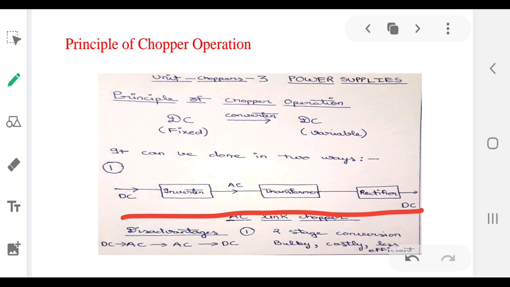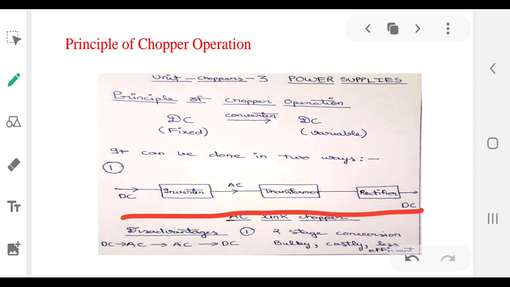In this procedure we can see that it's a two-stage conversion, that we require lots of converting stages: DC to AC, then AC to AC, and then AC to DC. So it is costly. Also, it is bulky and less efficient.